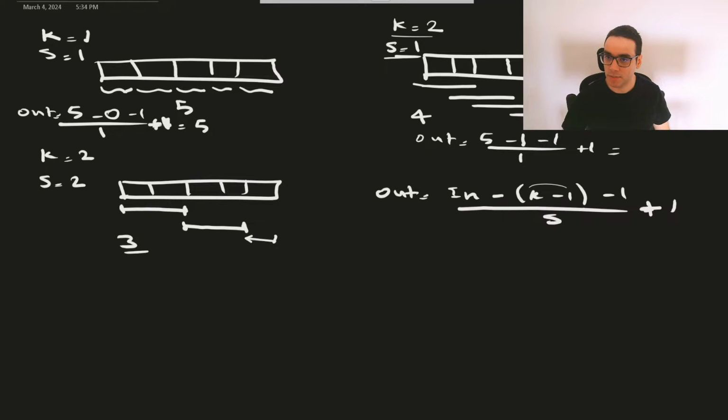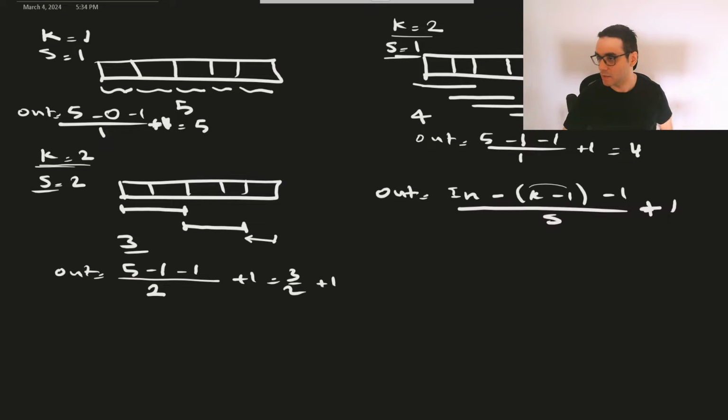So here we get 3 plus 1, 4. And even for K equals 2 and S equals 2, this formula should work. Let's calculate: in is 5, minus (K is 2, minus 1 is 1), S is 2, so 3 over 2, plus 1.